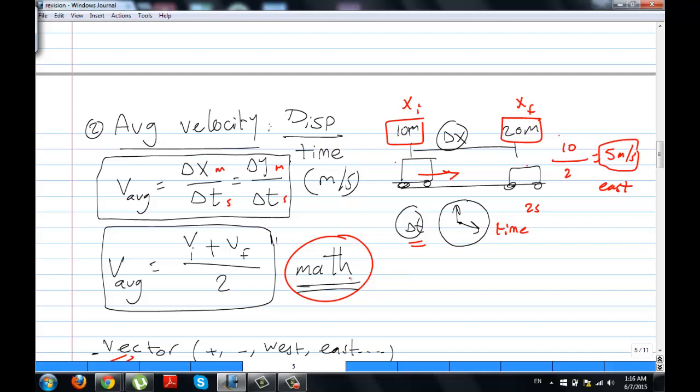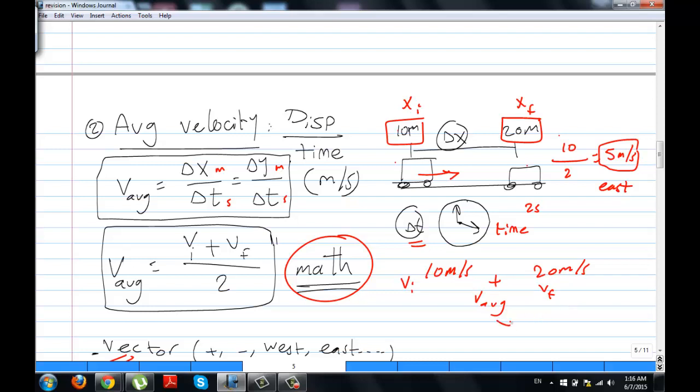So in calculating the V average, you have two situations for velocities. It could be a VI and a VF. So you can add the VI plus the VF divided by 2, and you get the V average. If I have given you two velocities, one of them is 10 meters per second and the other one is 20 meters per second, and I wanted the V average, so if this is a VI and this is a VF, you just add them and divide by 2.